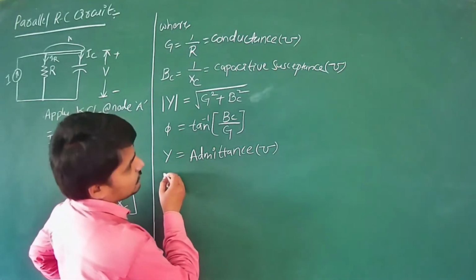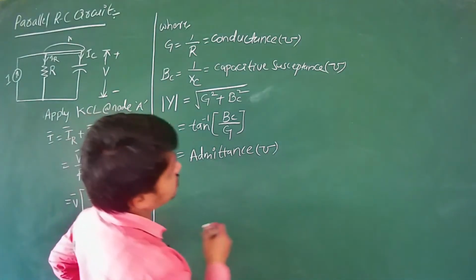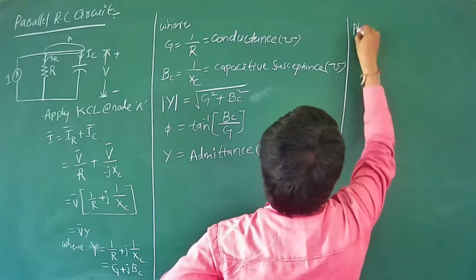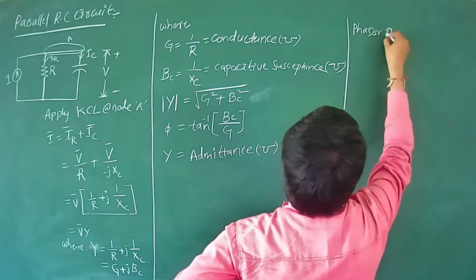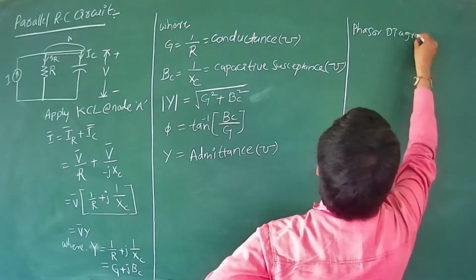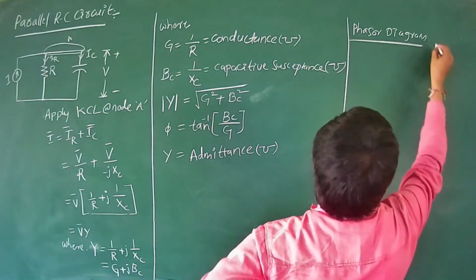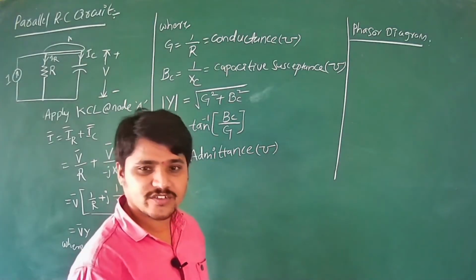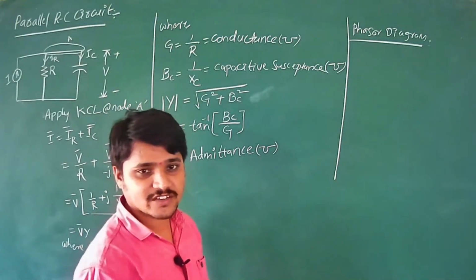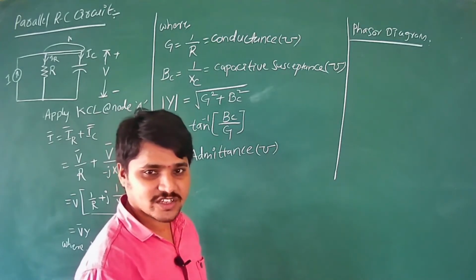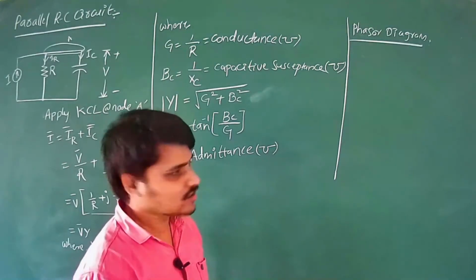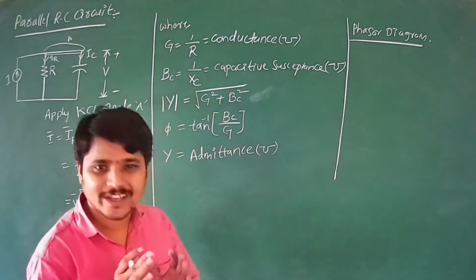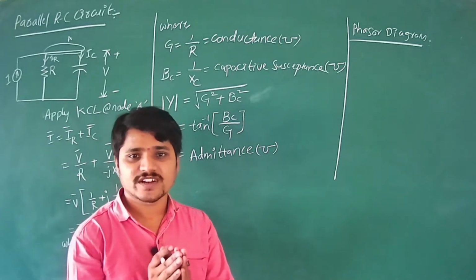Now, how to draw the phasor diagram? This is very important. Phasor diagram analysis is the pictorial representation of phasors or vectors rotating in the anti-clockwise direction with omega radians per second. When drawing the phasor diagram, we have to take one parameter as the reference.